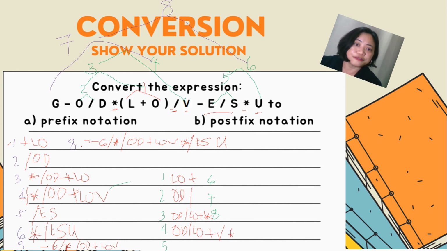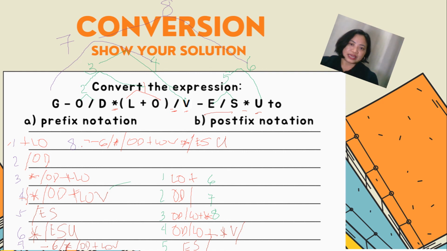So, yung number 4, sorry, na-excite ako. Naisama ko agad. LO plus times bago V and then divide. Okay? Alright. And then number 5 natin is E divide S. So that would be E S divide.